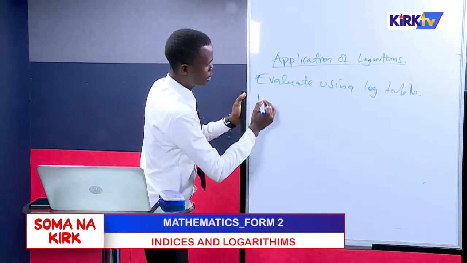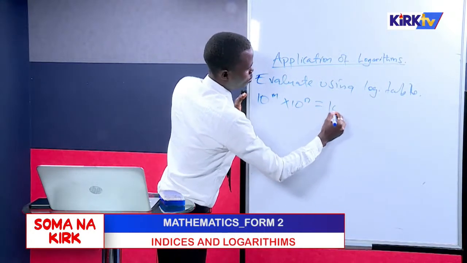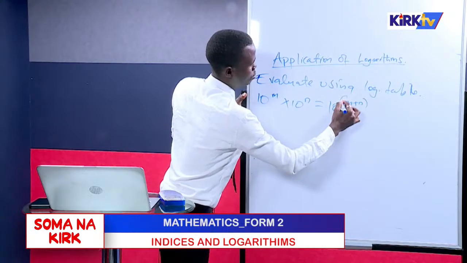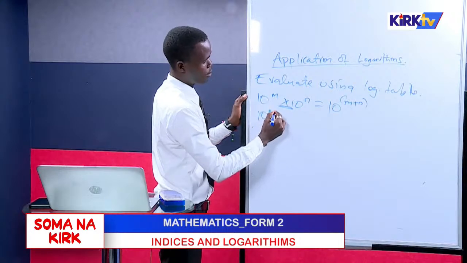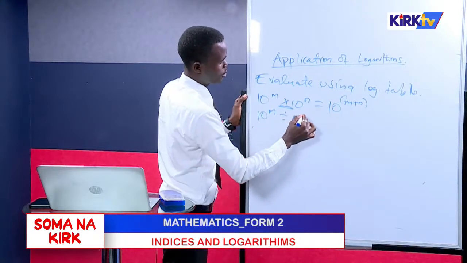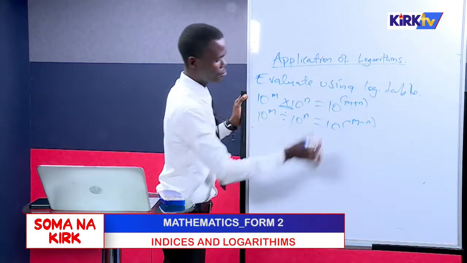This is 10 raised to power m times 10 raised to power n. It will be 10 raised to power m plus n. Why? The sign, multiplication. 10 raised to power m divided by 10 raised to power n will be 10 raised to power m minus n.